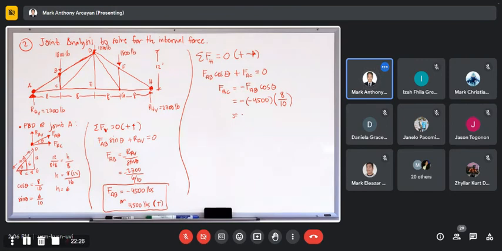You get a positive 3,600 pounds. That is the internal force existing in member AC. Since it is positive, our claim was correct that FAC is away from the joint, or in the viewpoint of the member, it is compressive.